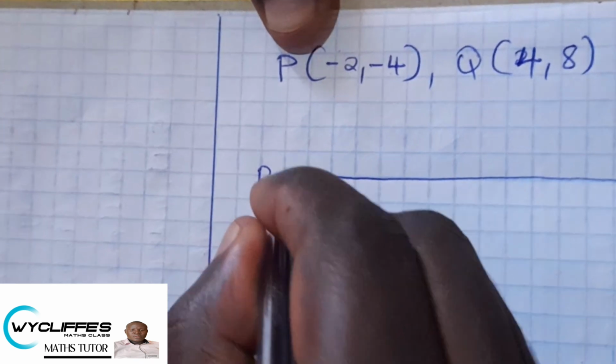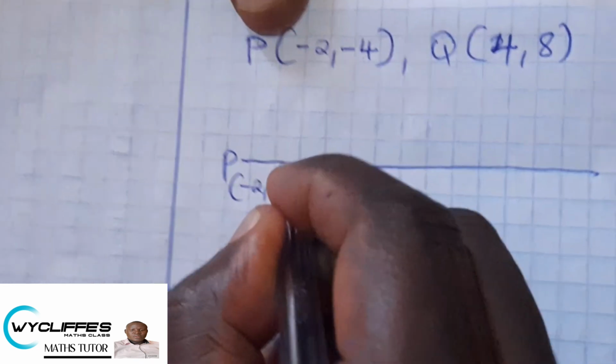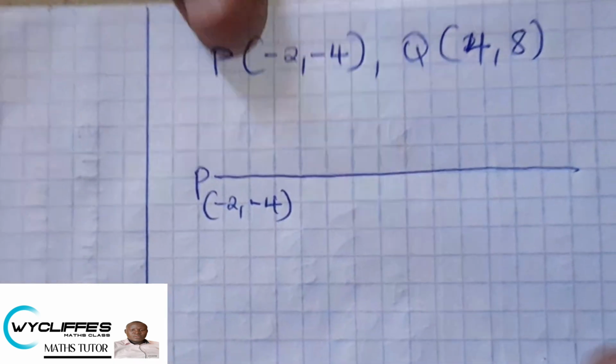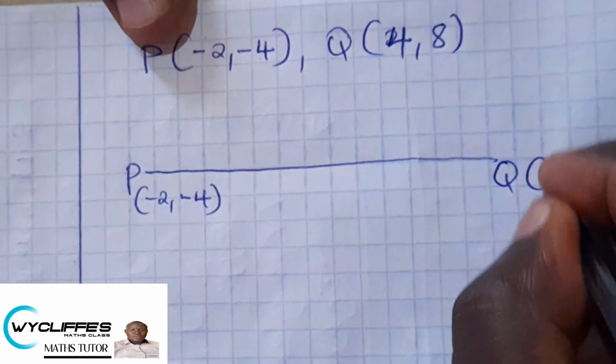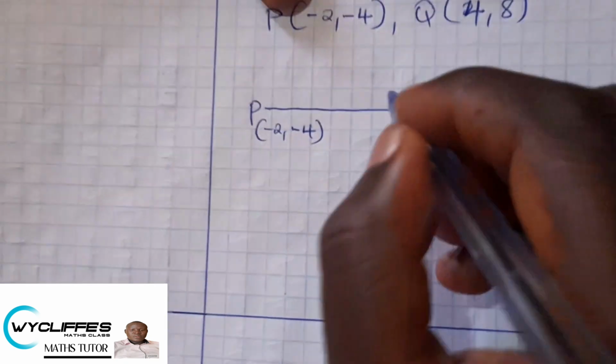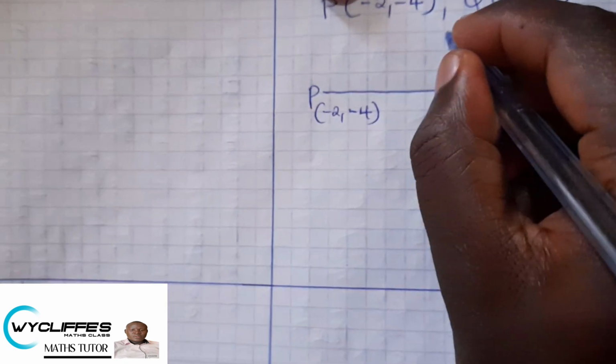This is a line PQ. P is (-2, -4) and Q is (4, 8). Then we are asked to find the equation of the perpendicular bisector.